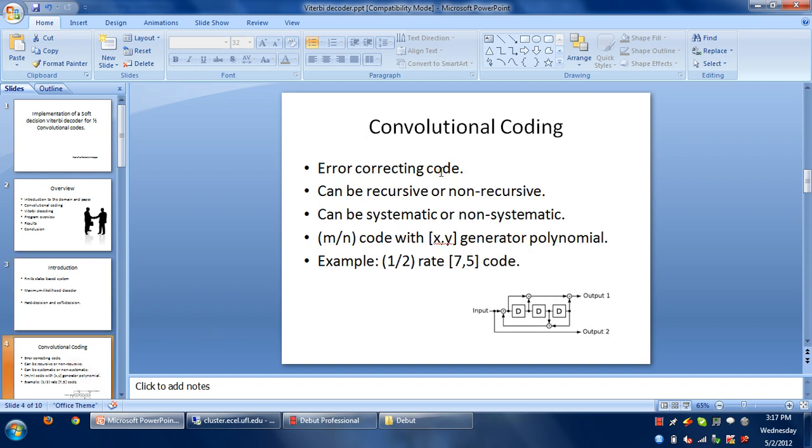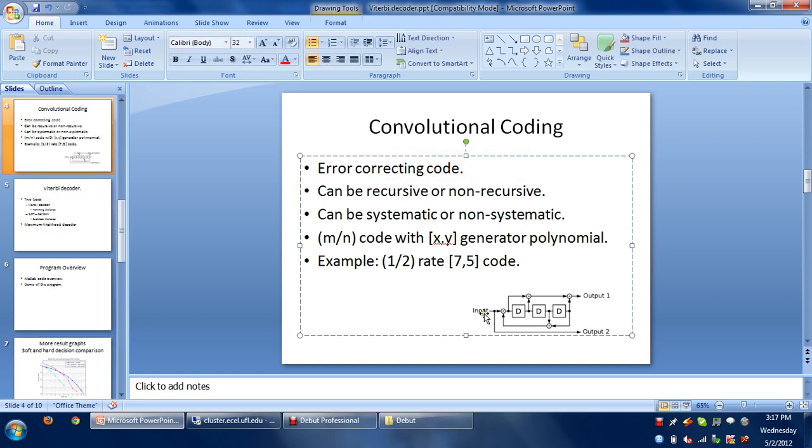First, talking about the convolution coding. So convolution coder is an error correcting code, meaning that it follows certain patterns by which the decoder, if we have the same polynomials, can correct any errors that occur. A convolution code can be recursive or non-recursive.